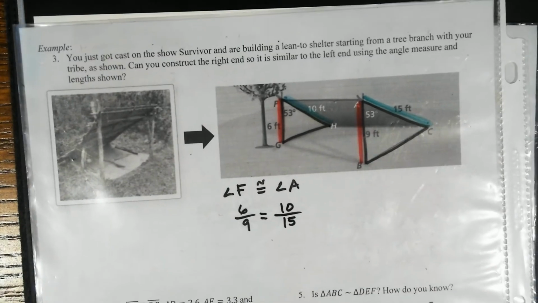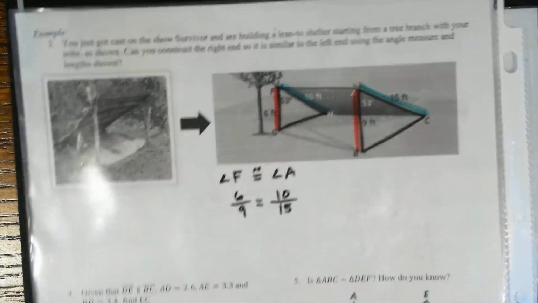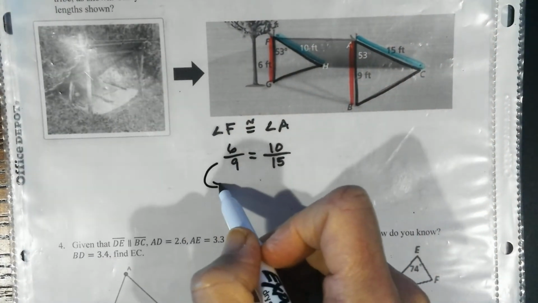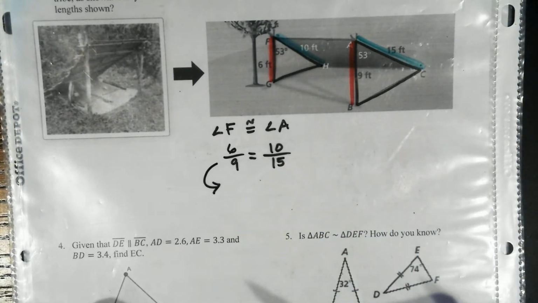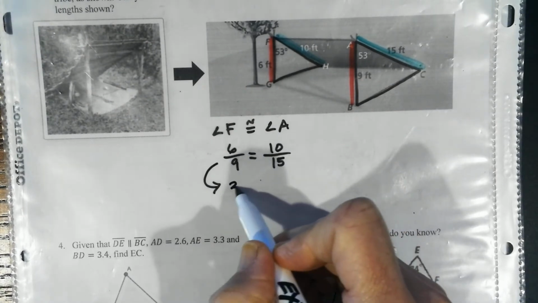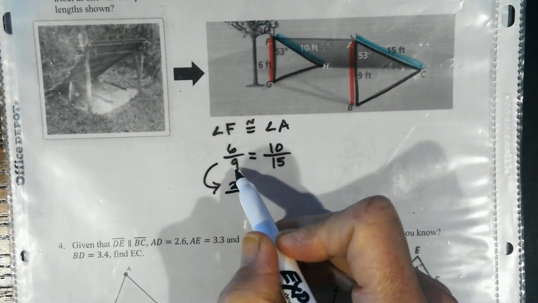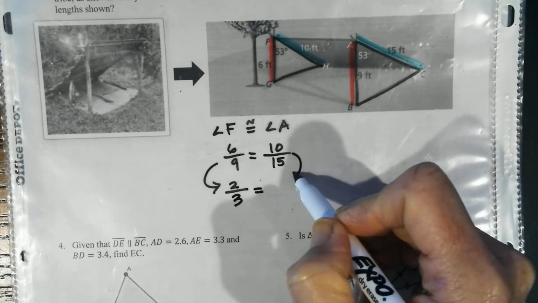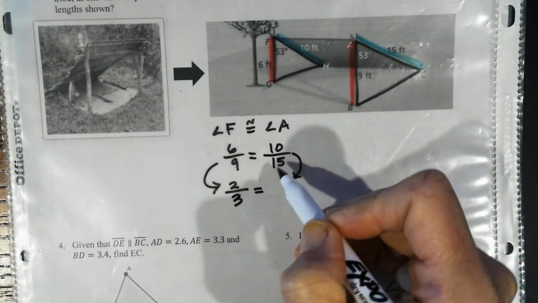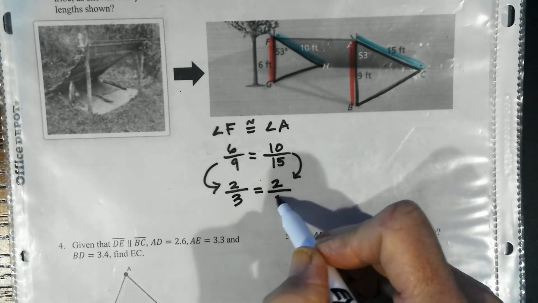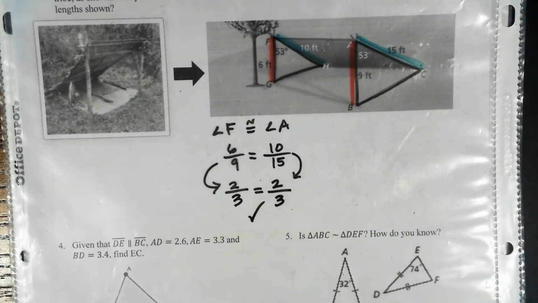And if they both reduce to the same number, okay, then side angle side tells you they are similar. So I'm going to reduce this one by 3. So 6 divided by 3 is 2, and 9 divided by 3 is 3. And this one I'm going to reduce by 5. 10 divided by 5 is 2, and 15 divided by 5 is 3, which is like big check.